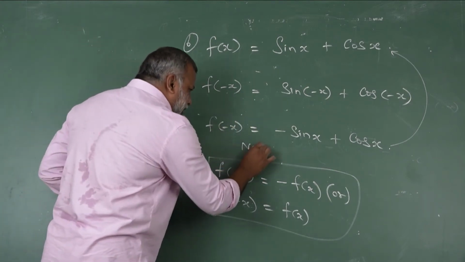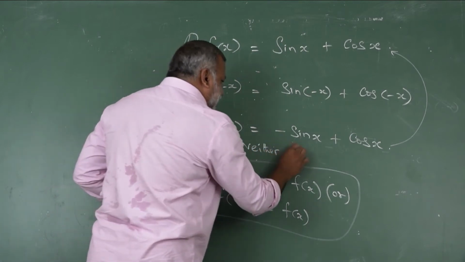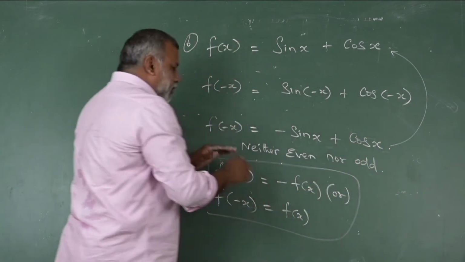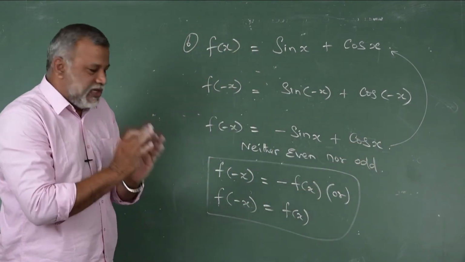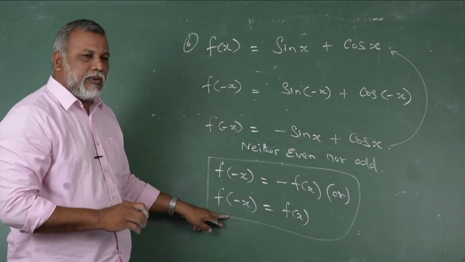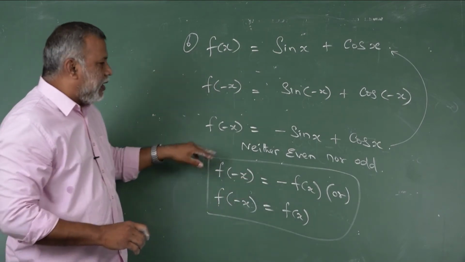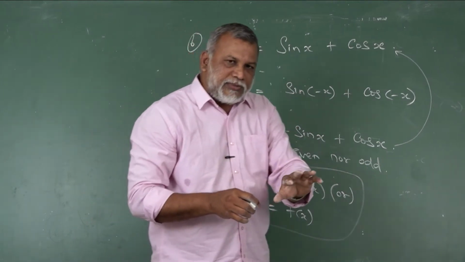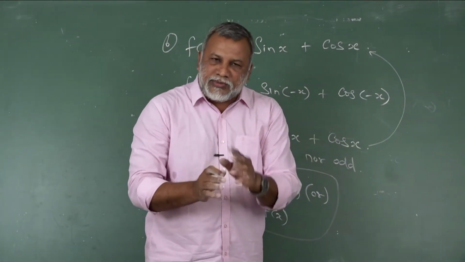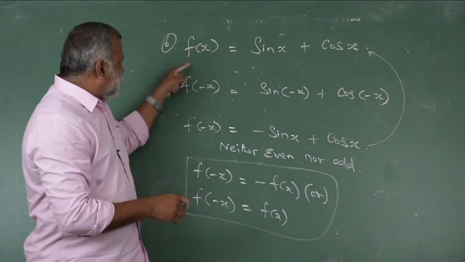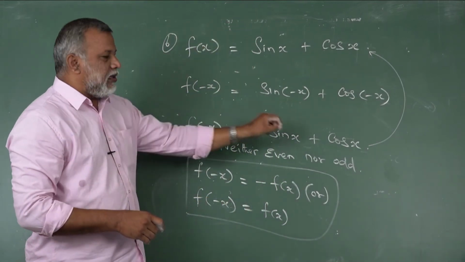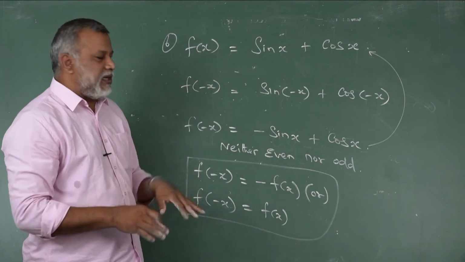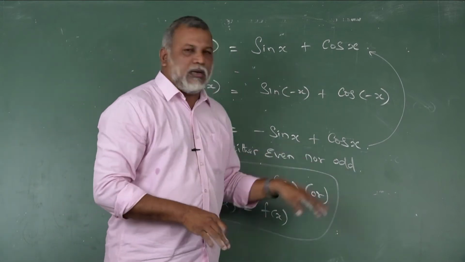Therefore, this type of function is neither even nor odd. So far we discussed some problems based on even and odd functions. The sixth question is neither even nor odd, because we cannot put it in any one of the formations.